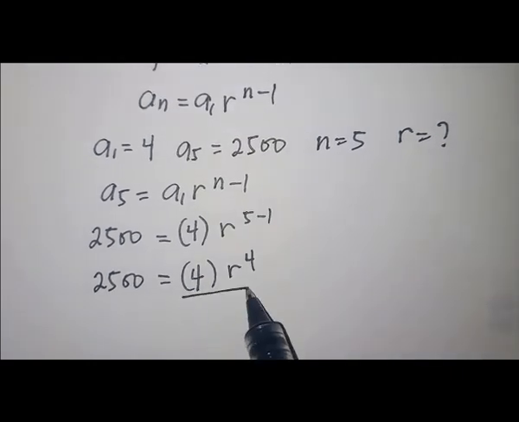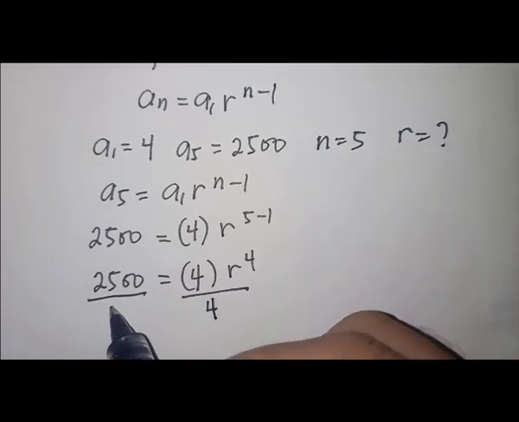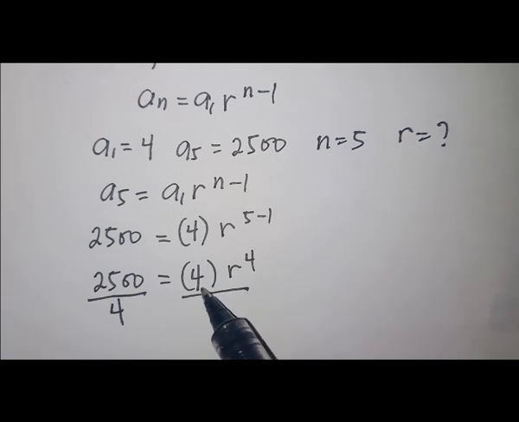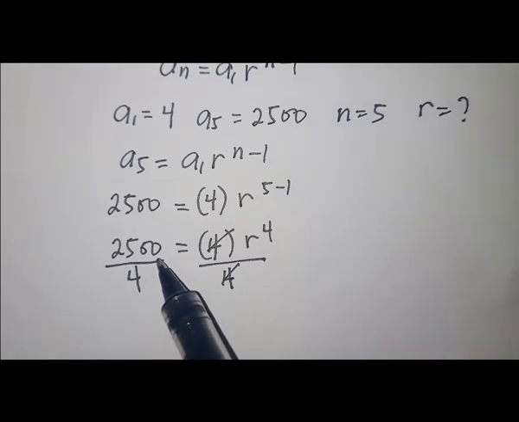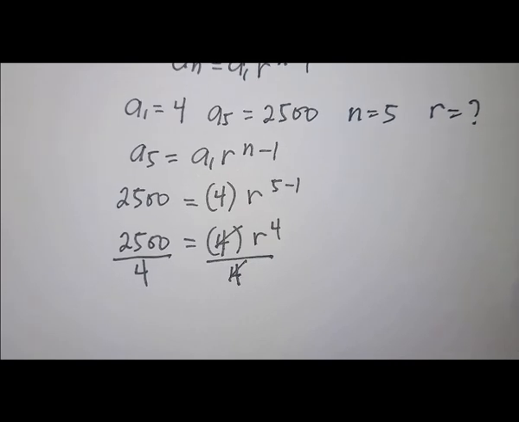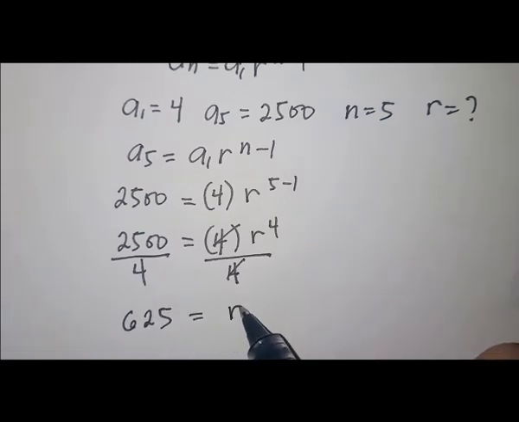Kailangan lang ulit natin yung r, so divide natin both sides by 4. 4 divided by 4 is 1. Then, how about 2,500 divided by 4? 2,500 divided by 4 is 625 equals r raised to 4.